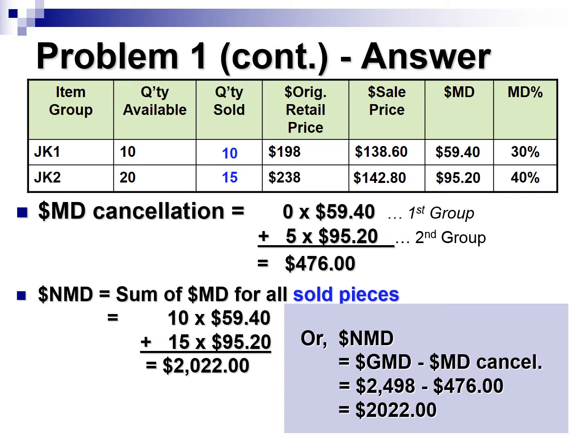So by taking their difference, we have the net markdown of 2022. It's the same because conceptually net markdown is the sum of dollar markdown of all sold pieces, and gross markdown is the sum of the dollar markdown of all sold and unsold pieces, and markdown cancellation is the markdown dollar of only the unsold pieces.